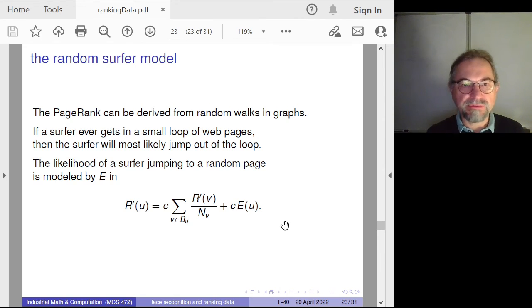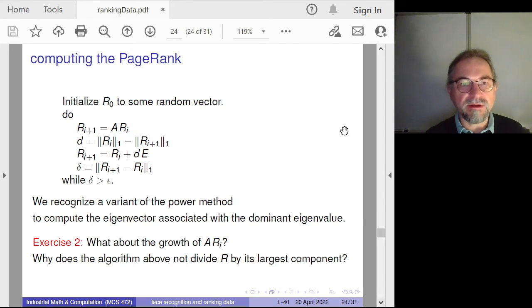This formula, which is now the R prime, it's not the derivative, it's just another letter for R. So it's a corrected model, if you will.